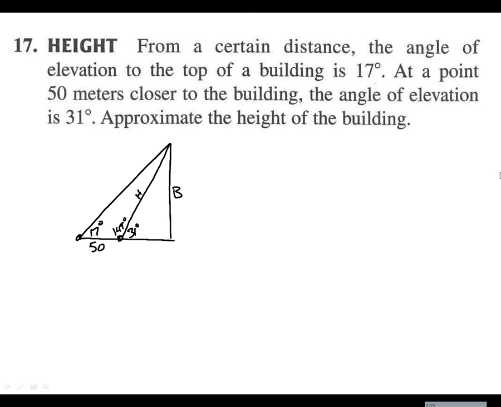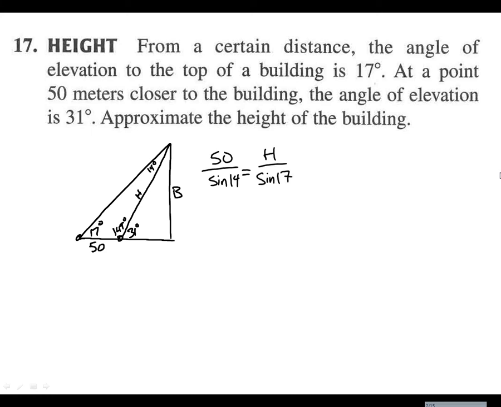And from there, we can subtract from 180, so we've got 166. So this angle here is 14 degrees. And so what we've got here is 50 over the sine of 14 equals, let's go with the side we want to know, h over the sine of 17.